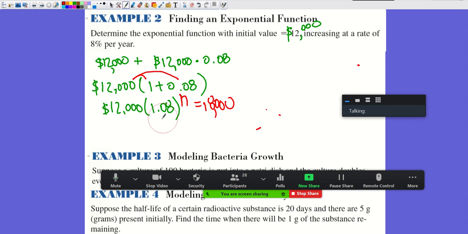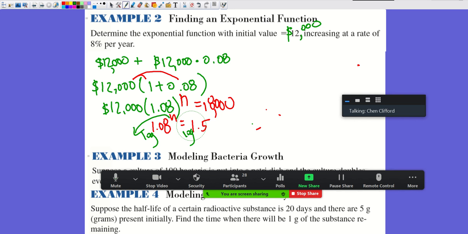So you're going to get 1.08 to the power n equals 1.5, and then you log both sides, move over the n, and divide: log 1.5 divided by log 1.08, and that's your answer.